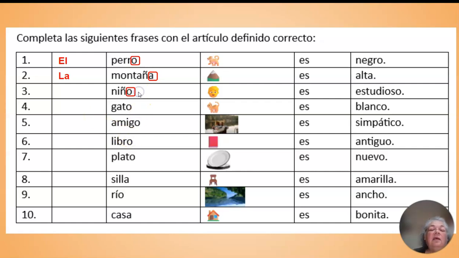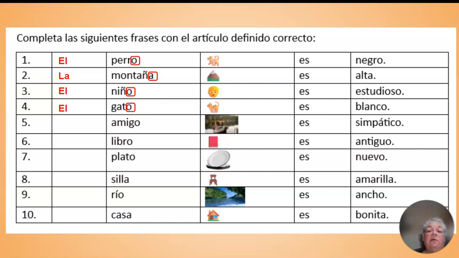Número 3, niño. It ends in O, that makes it masculine. El niño es estudioso. Número 4, gato. It ends in O. It's also a masculine noun, so we again need the masculine singular article.